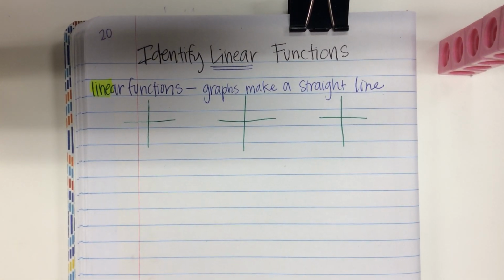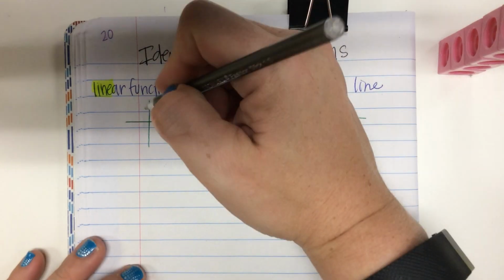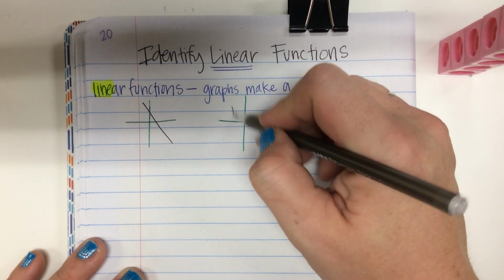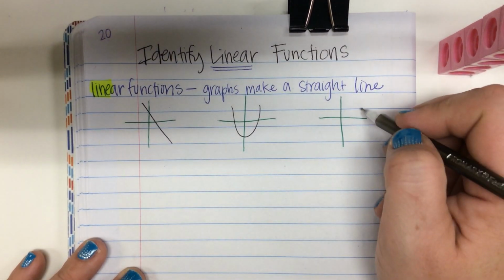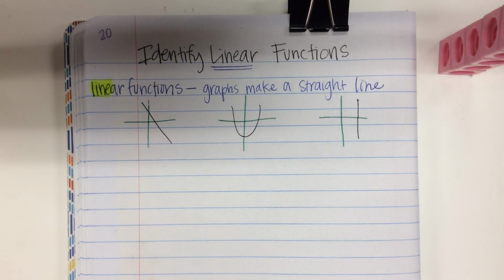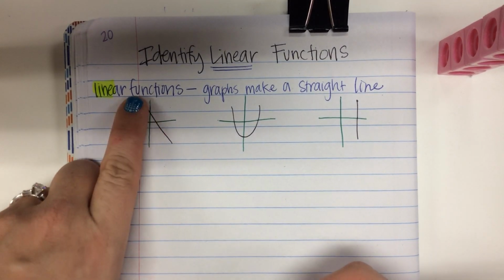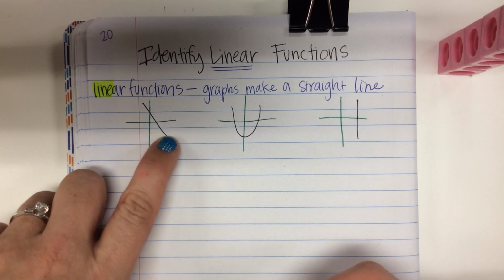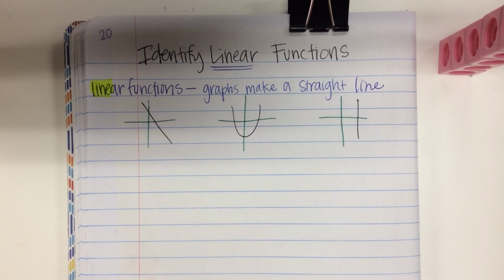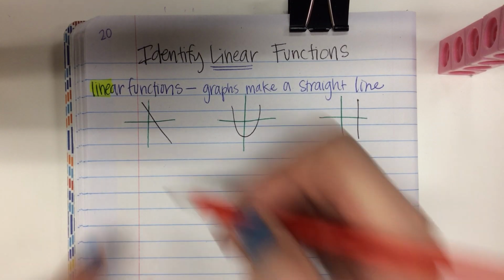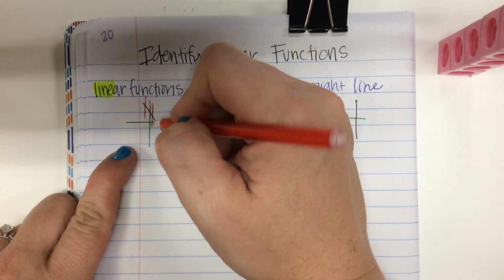So there are my graphs. On this one I have this, and this one I have this, and this one I have this. So let's talk. Is this picture a function? Let's test it, right? Let's do the vertical line test.